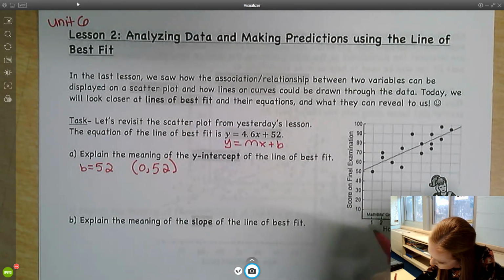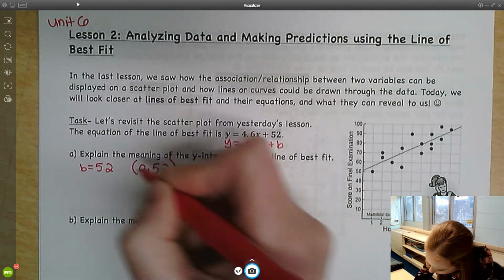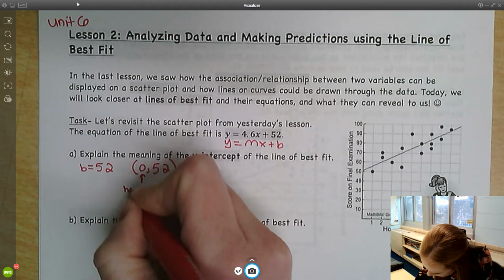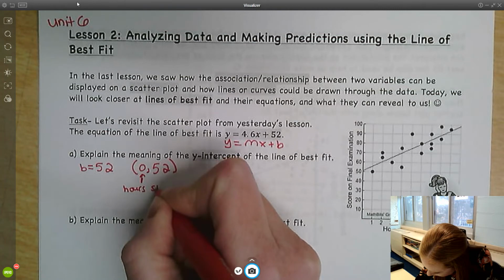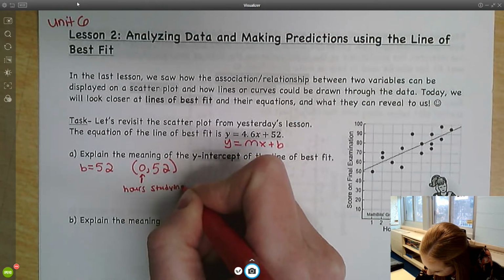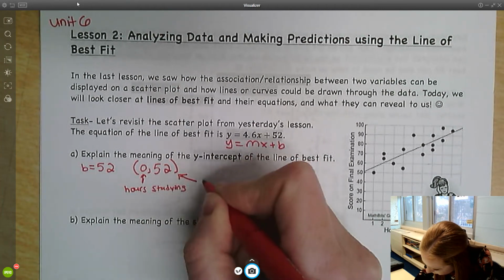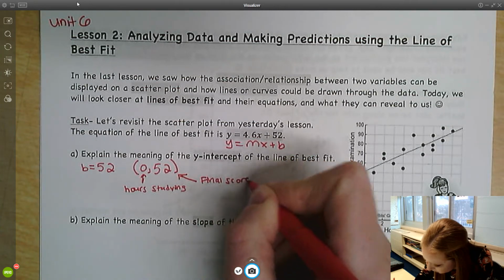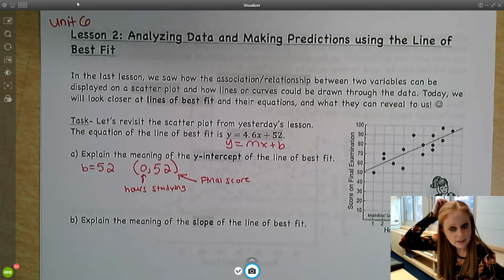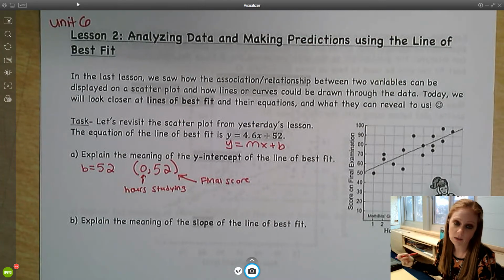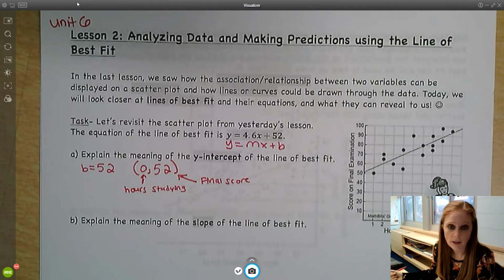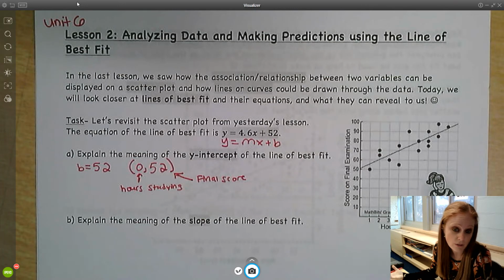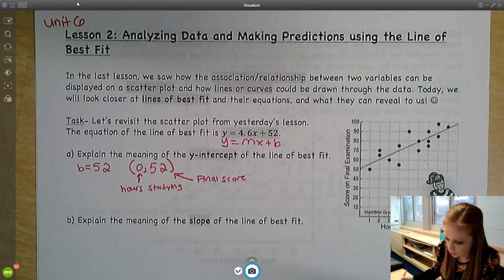So what that means is our x-coordinate is 0, so 0 hours studying gives us a y value of 52 for your final exam score. So if you study 0 hours, this prediction line says that you'll get a 52. That might not actually happen, but that's what the trend shows.